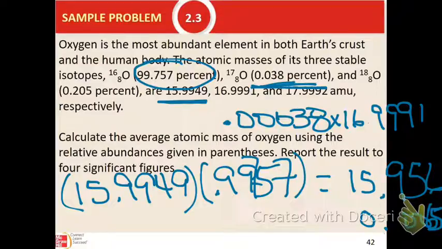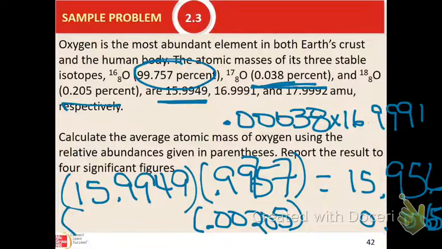Okay, and then you're going to do the exact same thing with this oxygen 18. There's only 0.205% of that, so we're going to say 0.00205 times its atomic mass, which is 17.9992.